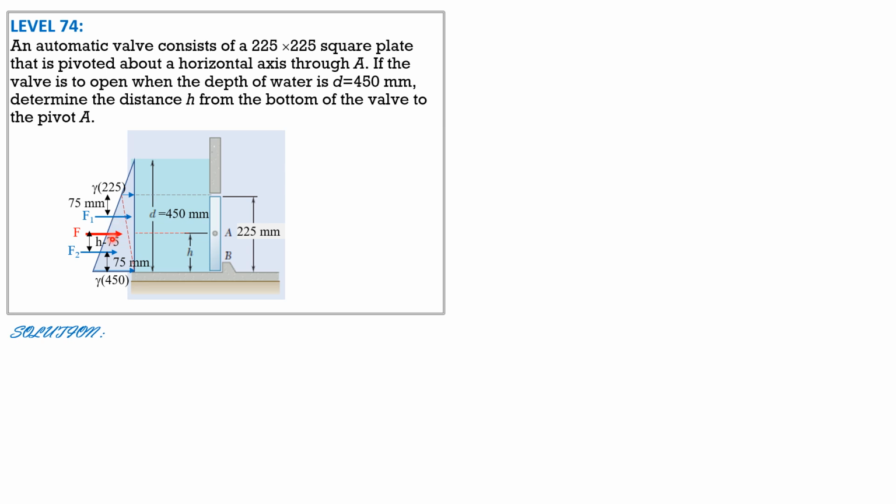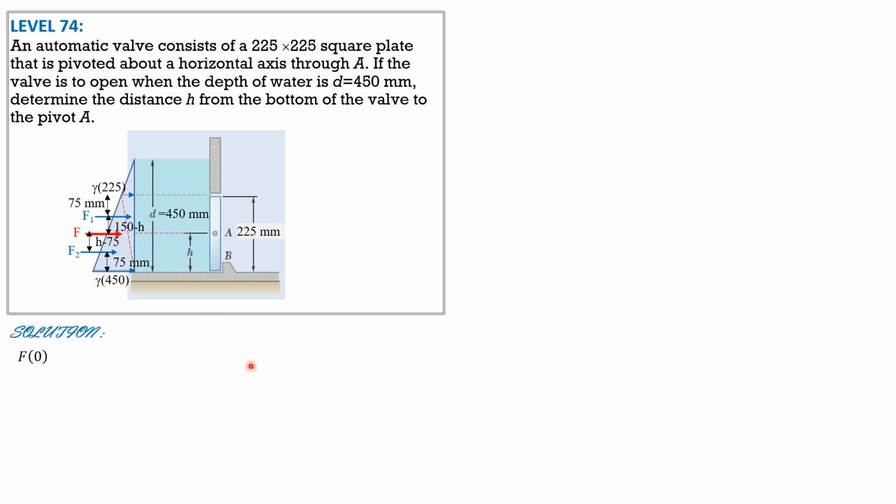Then this moment arm is 225 minus 75, which is 150 mm from the bottom, and because this is already H, this moment arm is 150 mm minus H as shown.